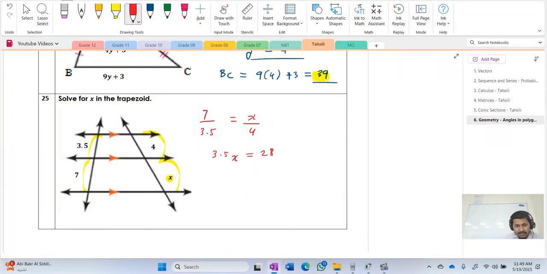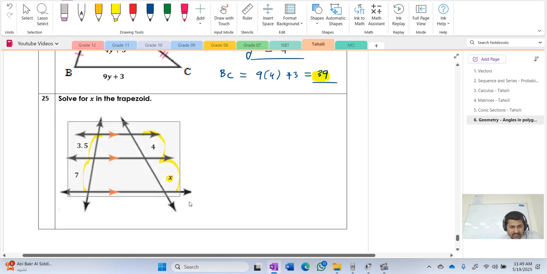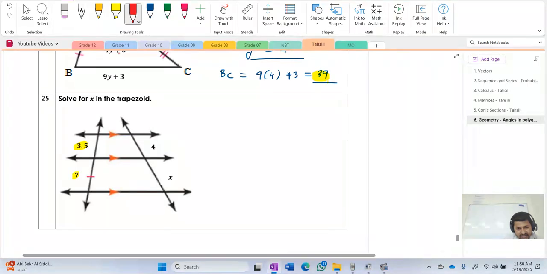So 7 divided by 3.5 should be x divided by 4. 7 divided by 3.5 is 2, and x divided by 4, you can just cross multiply. X is equal to 8. You could have checked that: if you double 3.5, you get 7, so you need to double 4 to get 8.